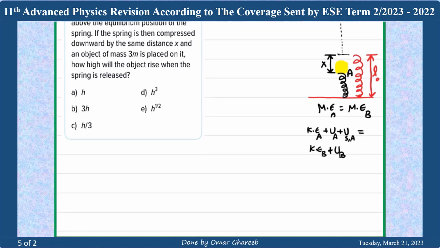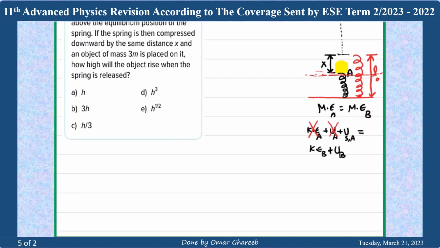Now at A the mass is at rest, so the kinetic energy is 0. And if you consider this is the reference for measuring the potential energy, the potential energy at A should be also 0.